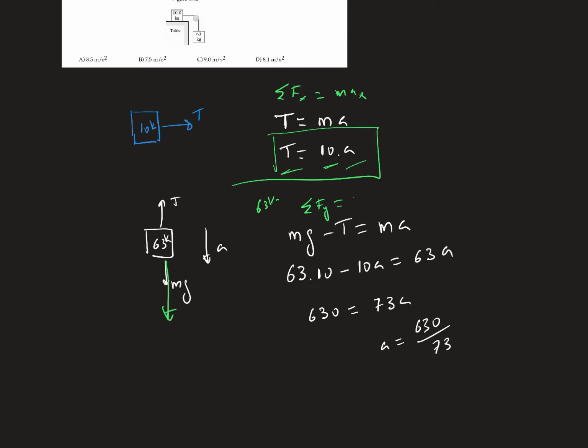The T is going upward, minus T. Mg minus T is the total force. And the total force is the mass by the acceleration. So 63 by 10 minus T, but T is 10a. 630 minus 10a is equal to 63a. So 630 is 73a.